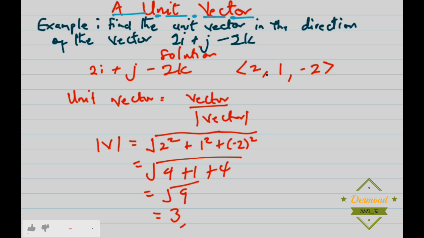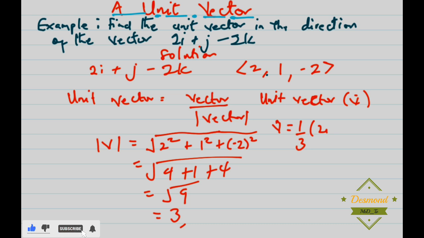So now we have the magnitude. Now we come back here, and we can find our unit vector. Our unit vector should be equal to 1 over 3 times 2i plus j minus 2k, and this will be our unit vector.